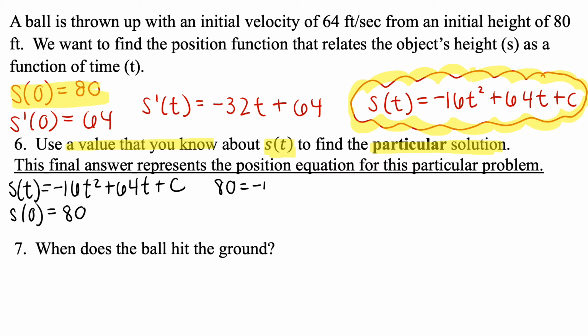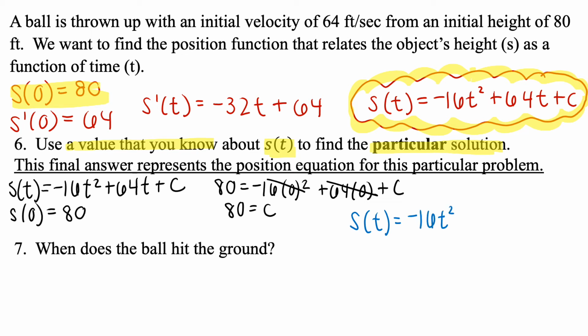So we have 80 equals negative 16 times 0 squared plus 64 times 0 plus c. These all go away, so we're left with 80 equals c, which means our particular solution, s of t, our position function that we were looking for, is equal to negative 16t squared plus 64t plus 80.